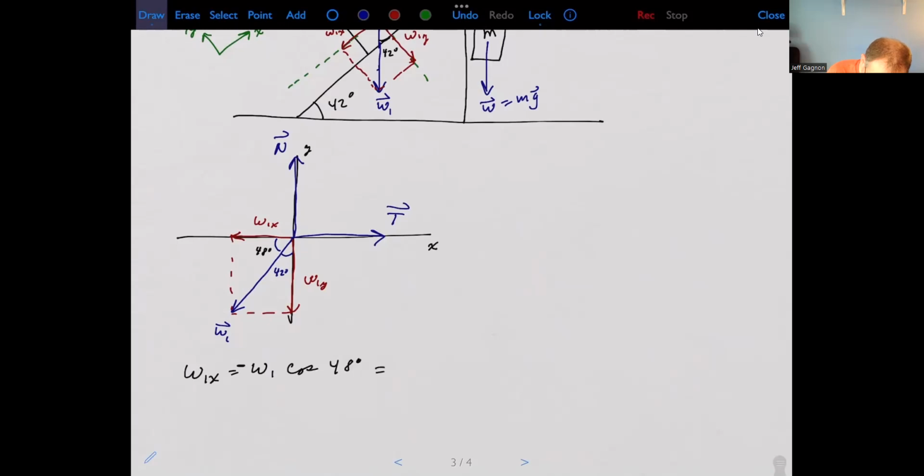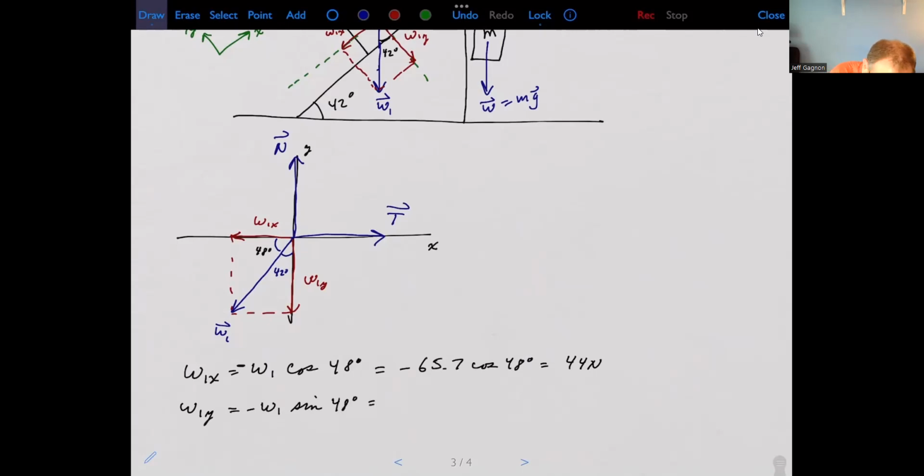So this is going to be negative. The weight was 65.7, right? Times cosine of 48 degrees, and that's going to equal 44 newtons. And then W1y, first of all, is also negative, and it's going to be W1 times sine of that reference angle, which is 48 degrees.